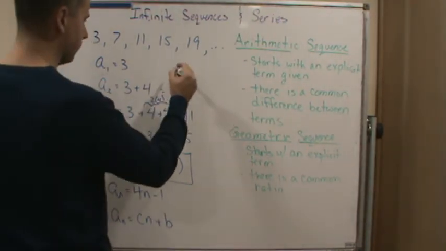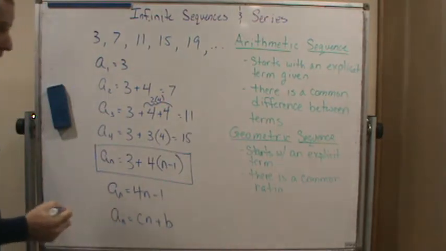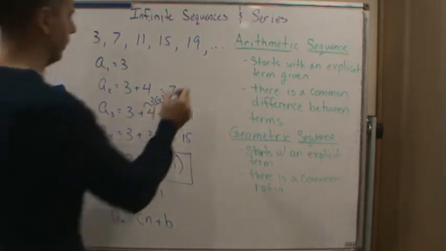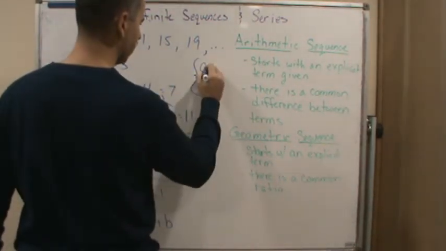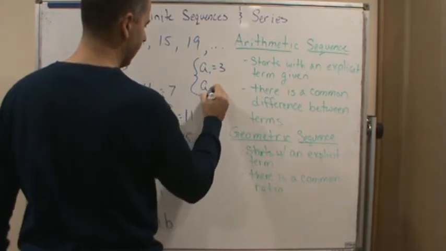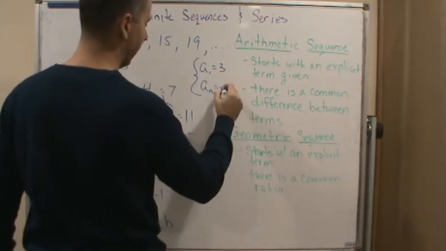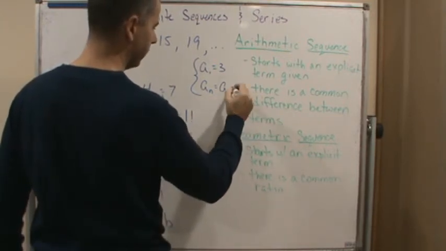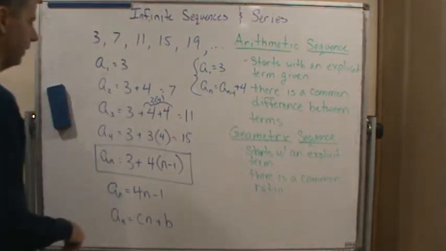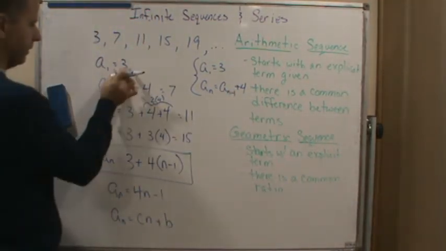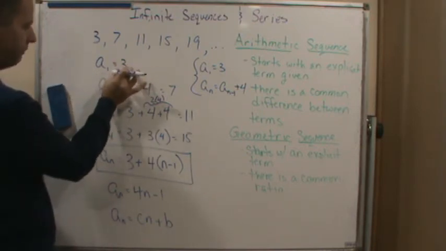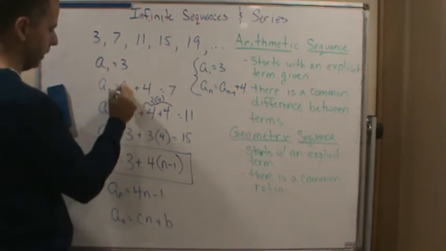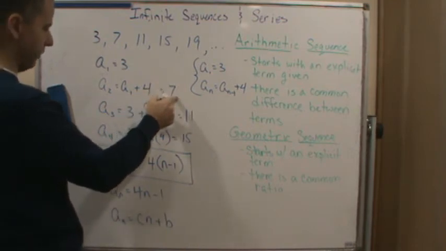So if we define this recursively, the relation would be a sub 1 equals 3, and then a sub n equals a sub n minus 1 plus 4, right? So notice that if I want to define this recursively, I have 3, and then a sub 2 is equal to a sub 1 plus 4, which equals 7.